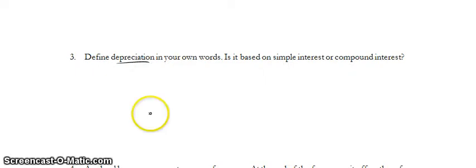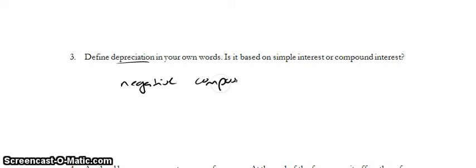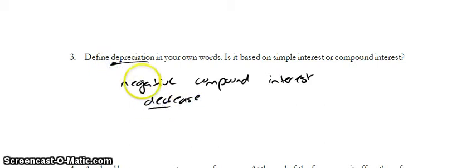Depreciation is sort of, you could think of it as negative compound interest. Okay, depreciating, you kind of think decrease with the D, and it's going down in value every year.